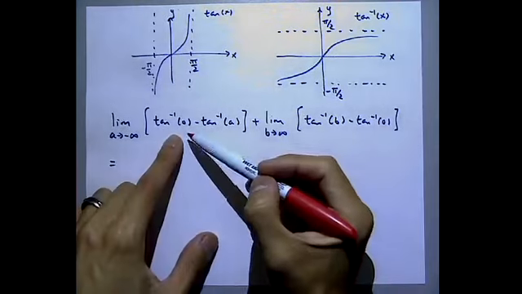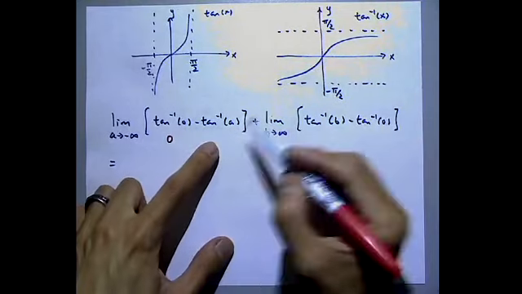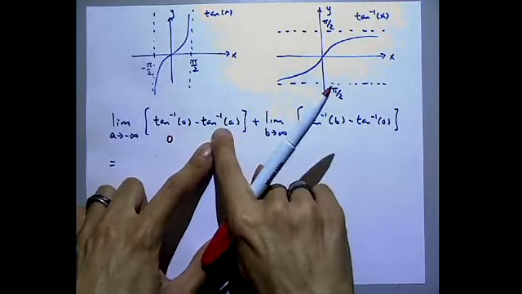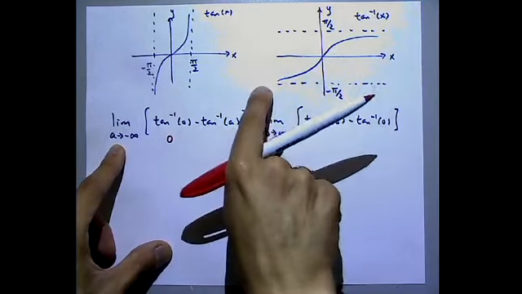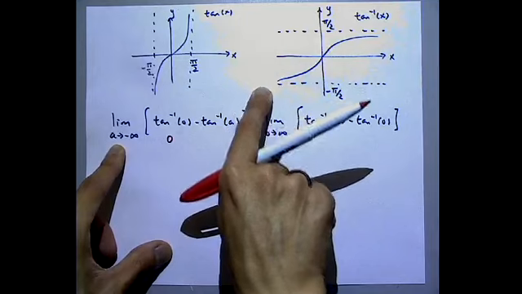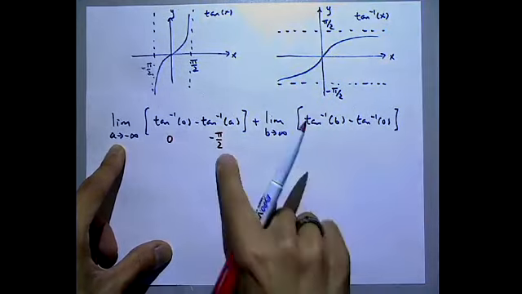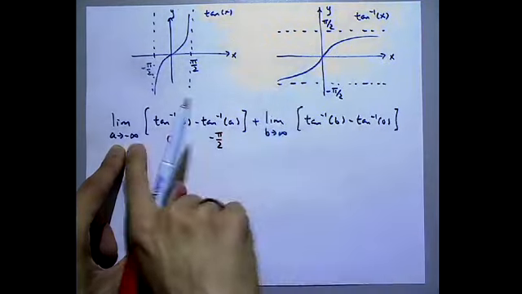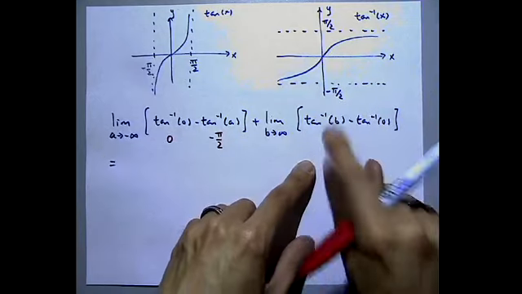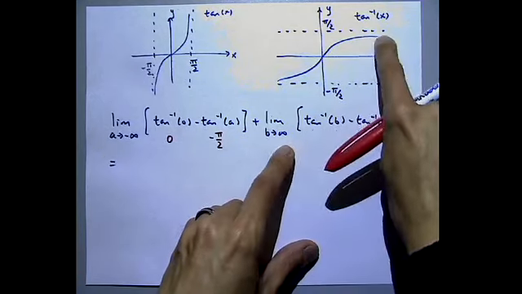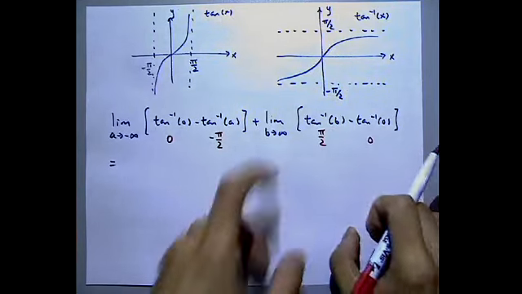Inverse tangent of 0 is 0, right? So that's a 0. Now, inverse tangent of a, when a goes to minus infinity, we get minus pi over 2, right? When you follow this to minus infinity, we get minus pi over 2. This, when b becomes large, you follow this one, and you get pi over 2. And this is a 0, of course.